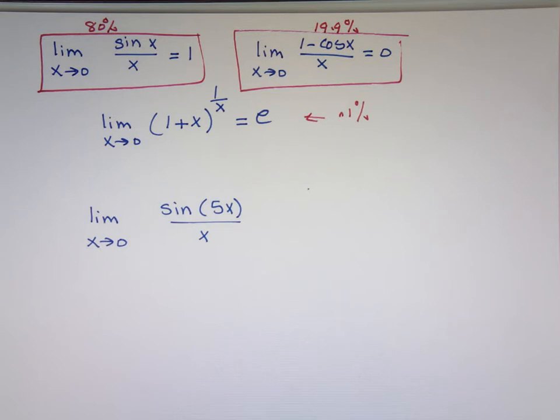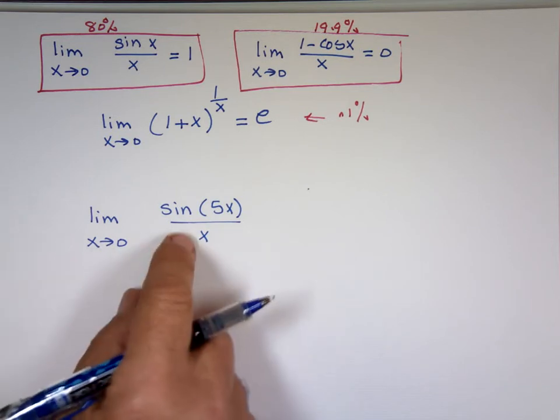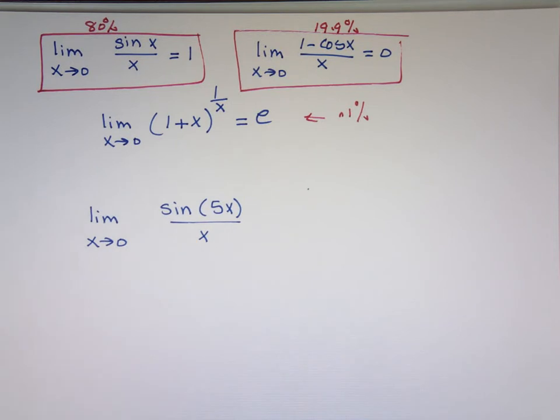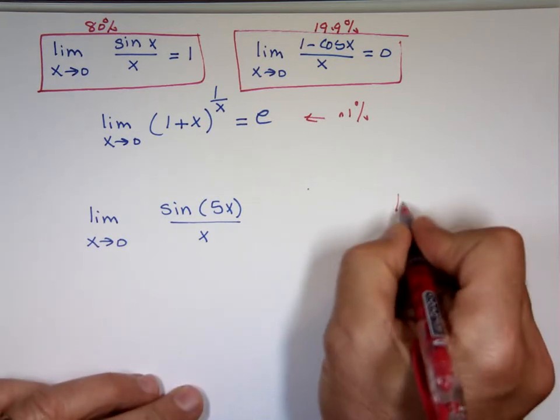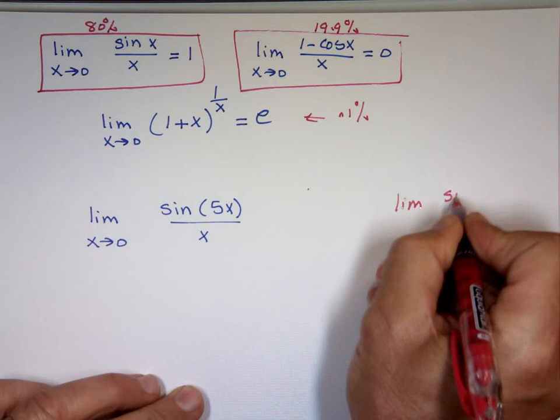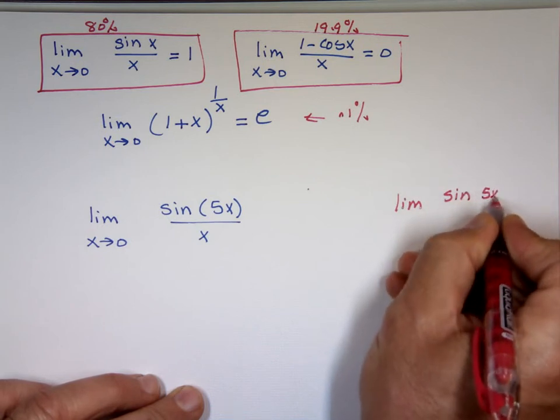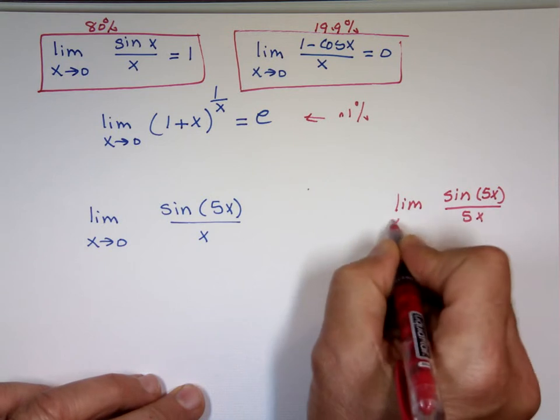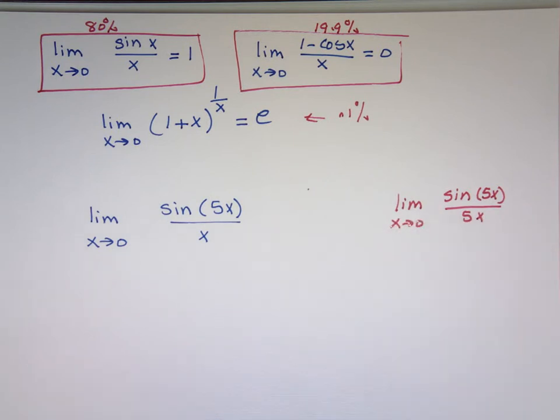If this number was 5x, I'll be okay. I'll just do a change of variable. Notice if that number was 5x in the bottom, I'll be okay. Why? Because I just do a change of variable.